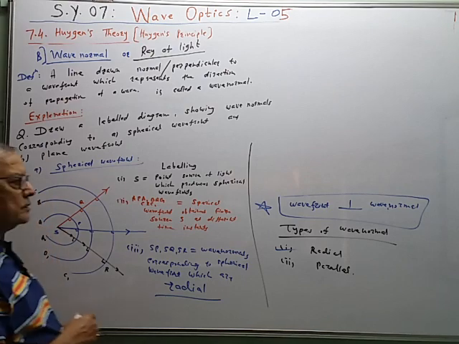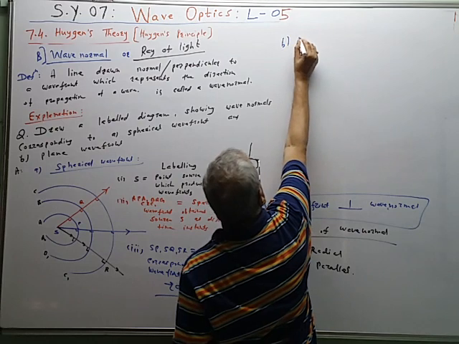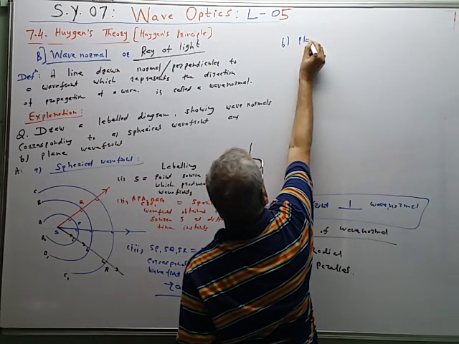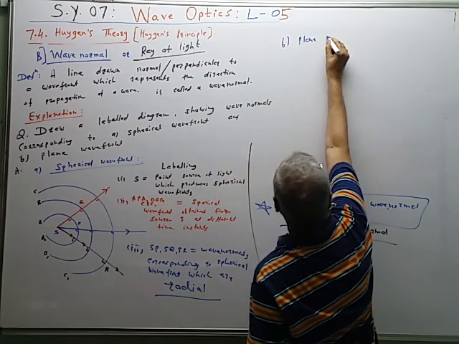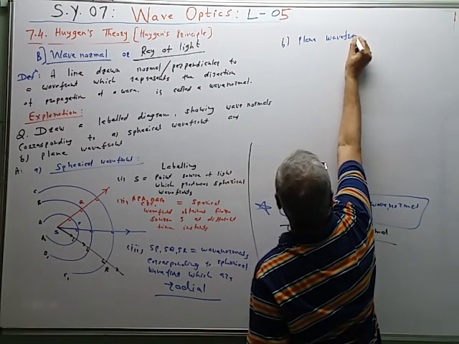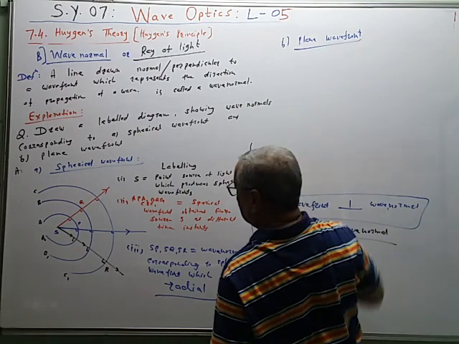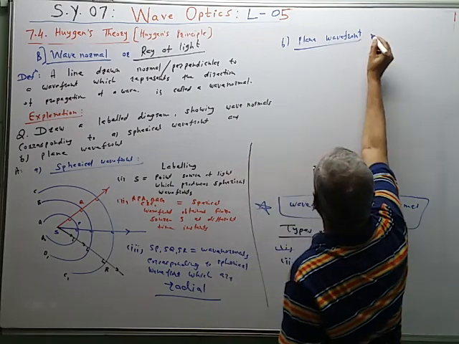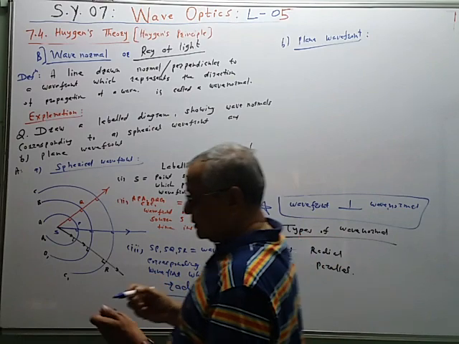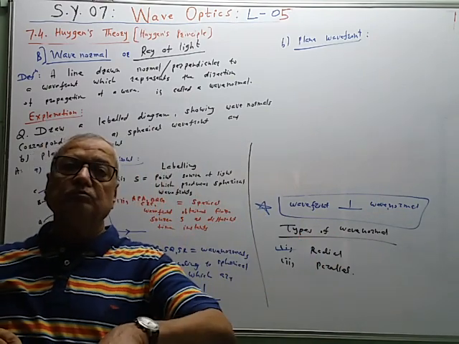Now let us see B part, plane wavefront. So we know the method for obtaining the plane wavefront. Either the source is kept at infinity or the source is kept at the principal focus of a convex lens.